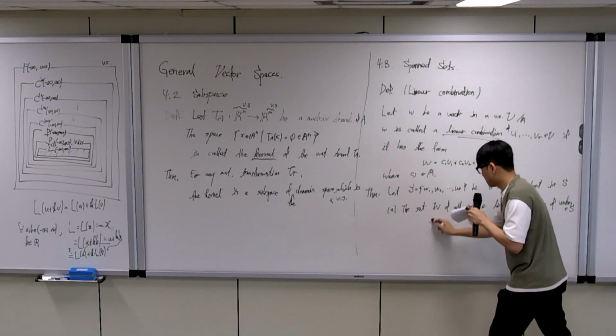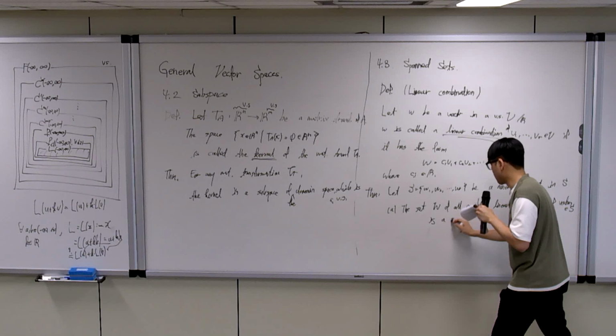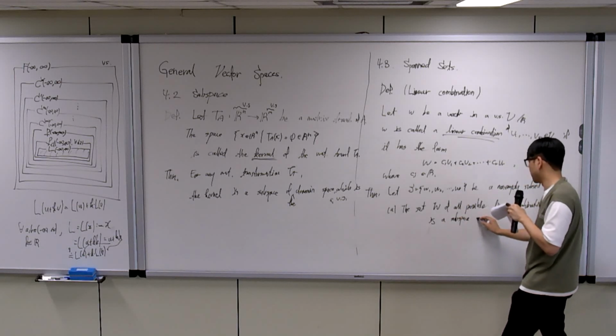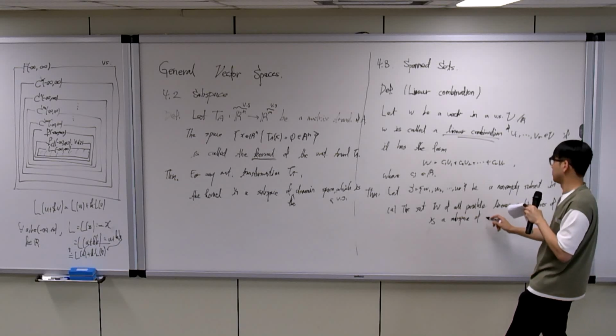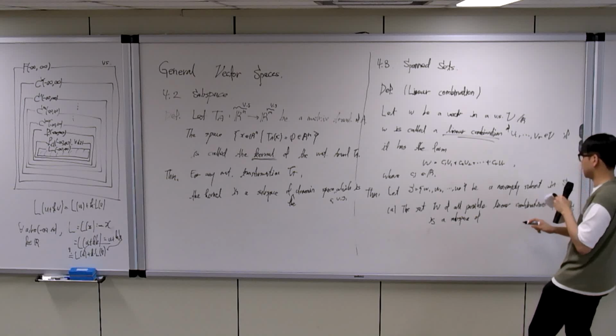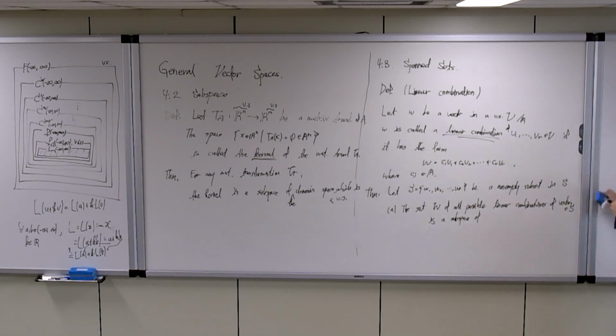W is a subspace of our whole set V, and V is a vector space.